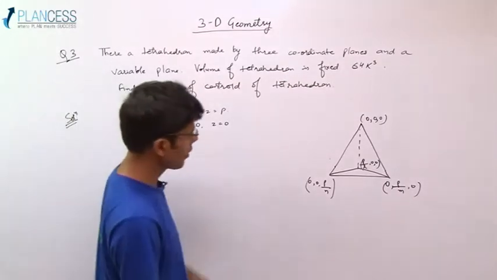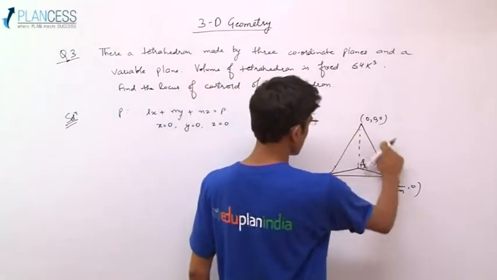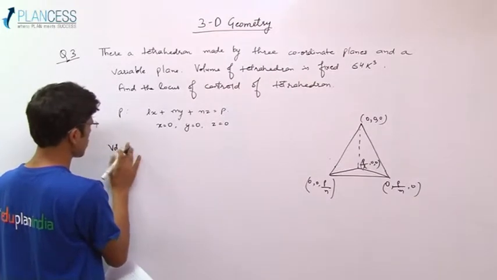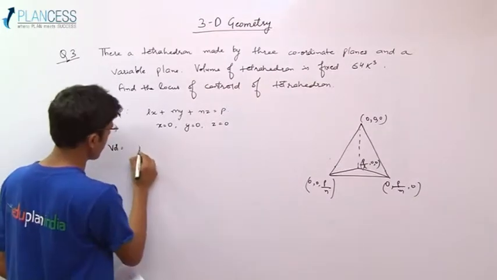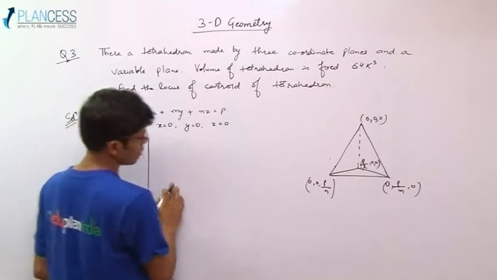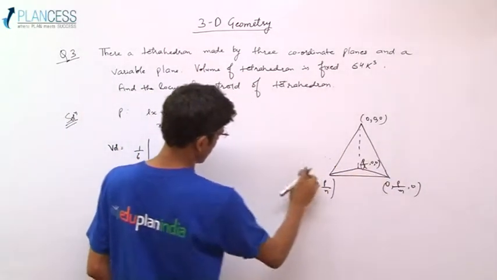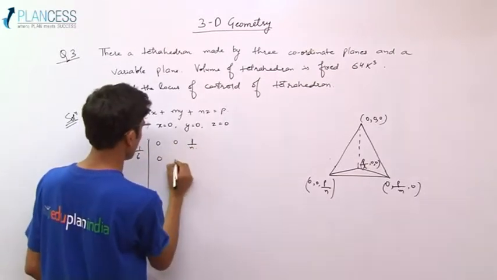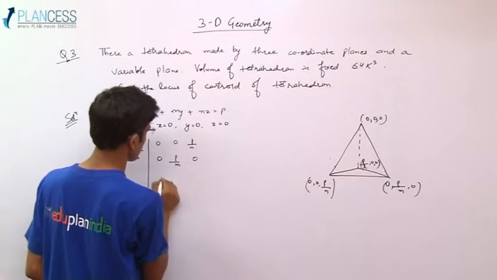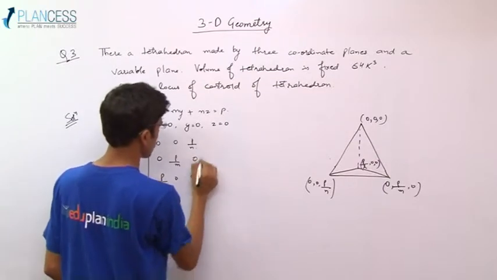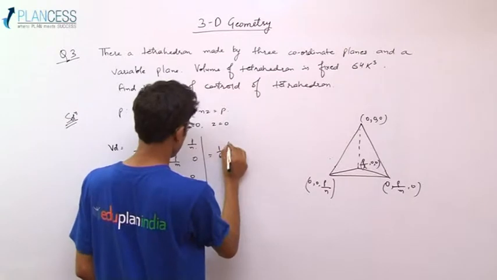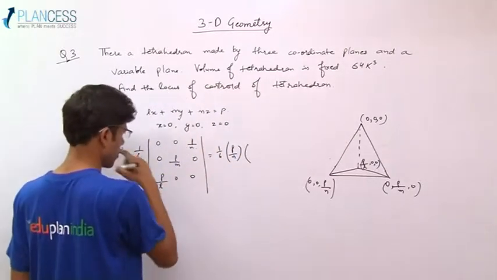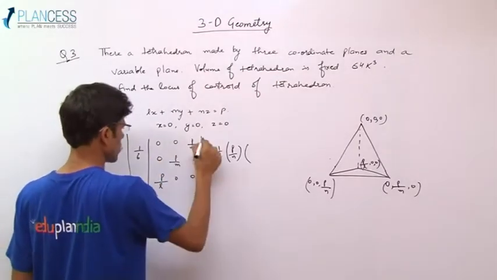Now the volume of this tetrahedron is 1 by 6 box of these vectors, as we studied in vectors. So volume is 1 by 6 the determinant of this vector, this vector, this vector. So this vector is 0 0 p by n, that is 0 p by m 0, and that is p by l 0 0, which equals 1 by 6 times p by n, and that is the complete modulus of this.